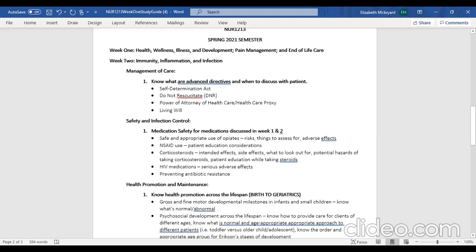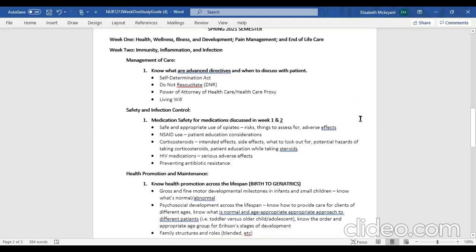And if there are side effects, what can you teach the patient or what can you look out for as far as those side effects? HIV medications. I said it already, the serious adverse effects that could occur with HIV medications. Another one, those immune suppressant drugs, specifically methotrexate. Knowing those immune suppressant drugs, just knowing what to be considerate of.